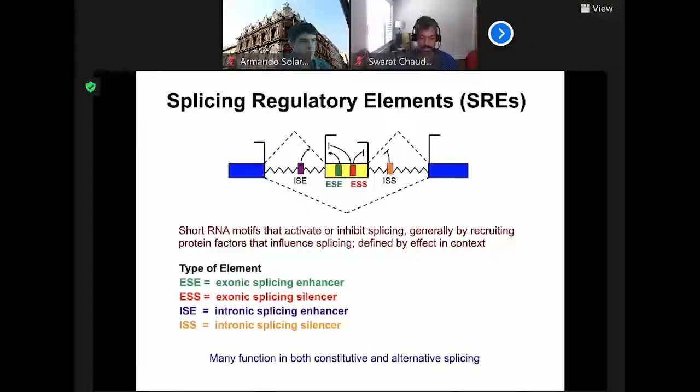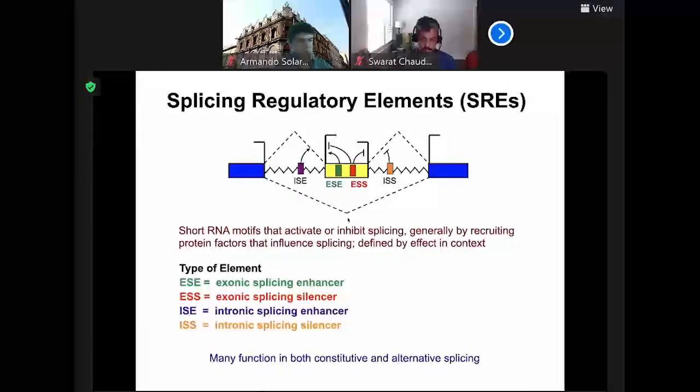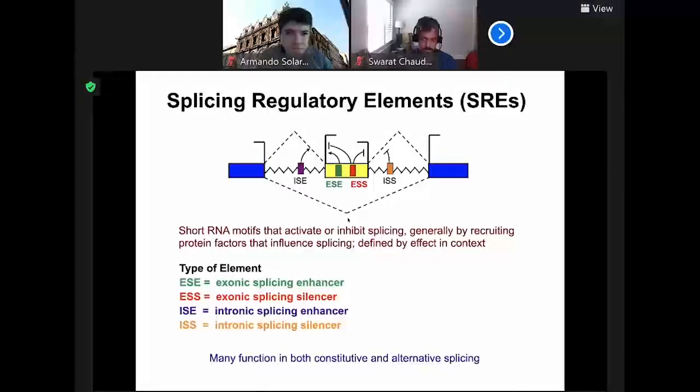They can exist in the introns and be intronic splicing enhancers or silencers, or can exist in the exons and be exonic splicing enhancers or silencers, where the enhancers promote inclusion of the exon and the silencers generally block inclusion of the exon or block splicing. These elements contribute to alternative splicing and are involved in decisions about production of different isoforms in different tissues, but they also play a role in basic constitutive splicing as well.